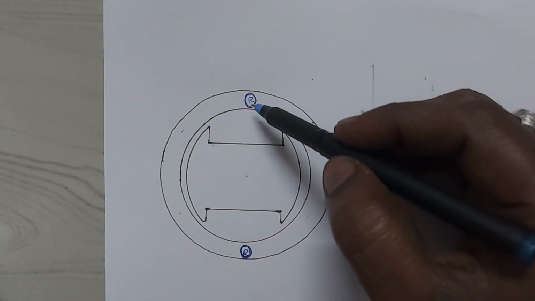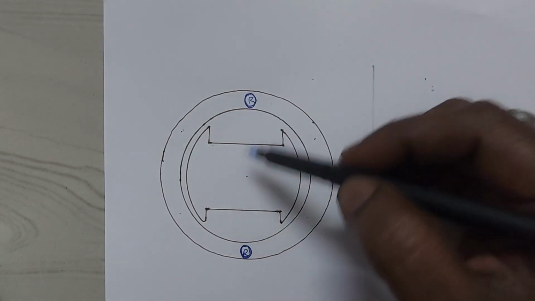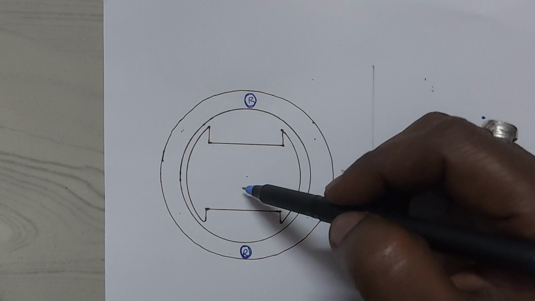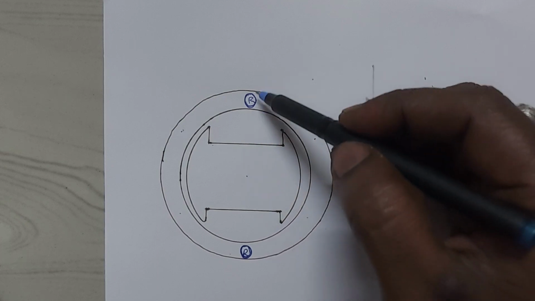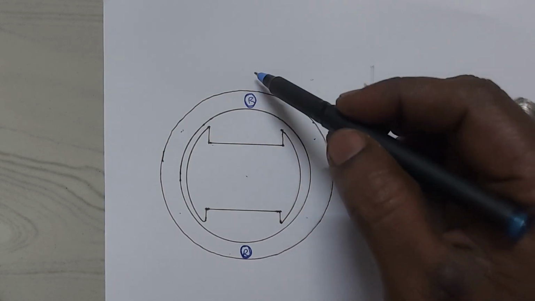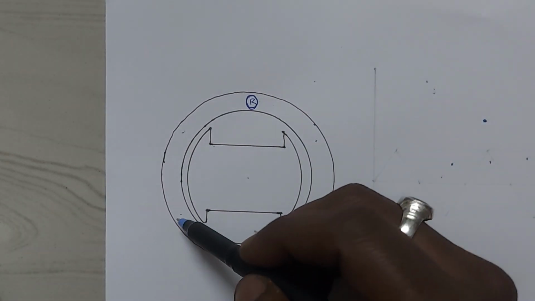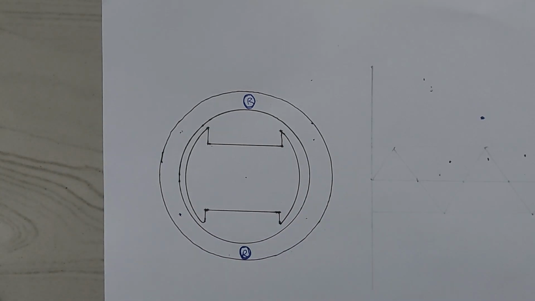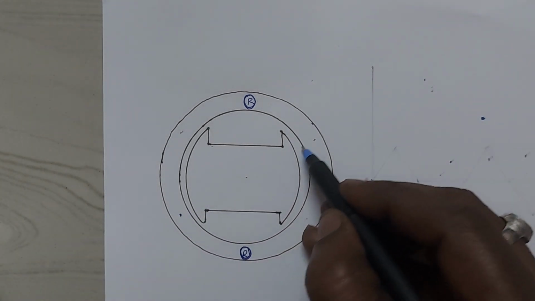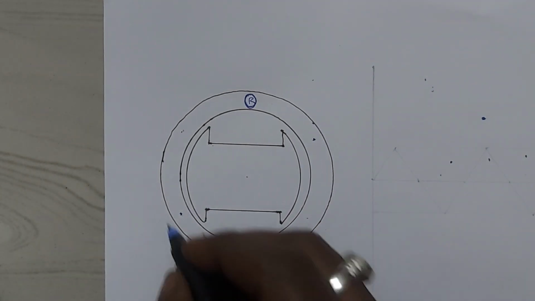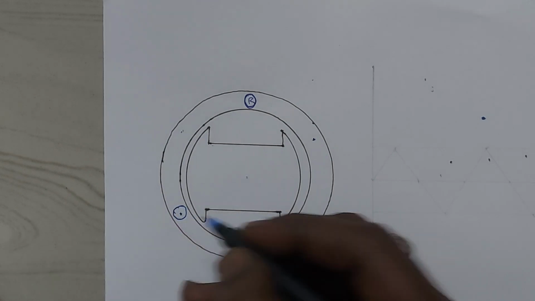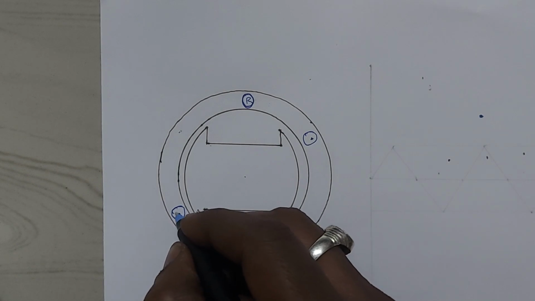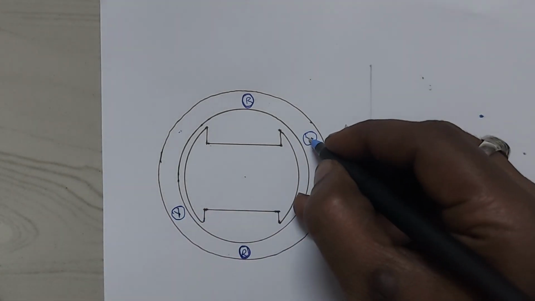So this is the R phase, that is the first phase, whereas the second phase I will take from here, 120 degrees apart, and the return path for this I will take here. So there is one more coil, and I will call that coil Y and Y dash.